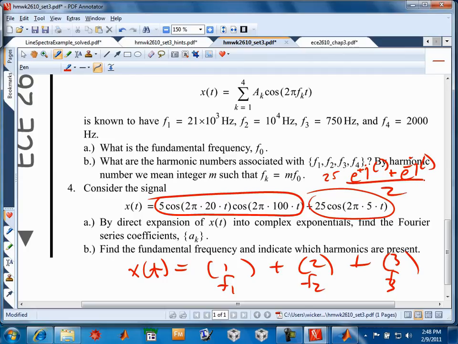So the Fourier coefficients at the plus and minus 5 hertz harmonic are 25 over 2, right? I don't know what harmonic number that is yet, because I don't know whether that's k equal to 1 or k equal to 21. I won't know that until I can assess what all 3 frequencies are, and that won't come until I expand that term out.